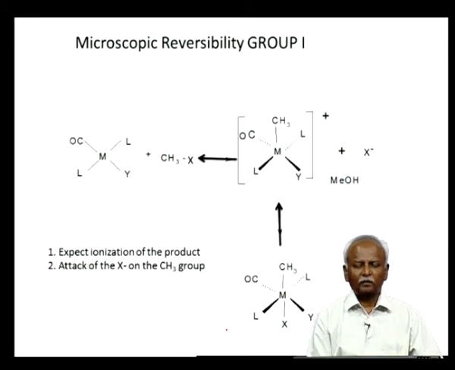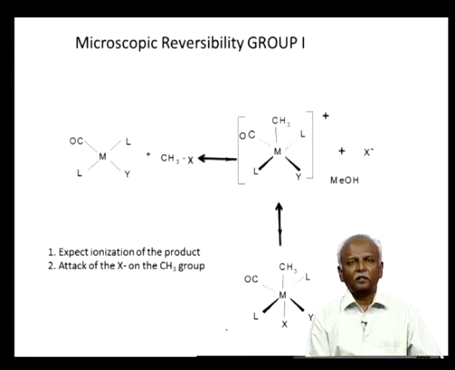Let us now take the group 1 addenda and try to explain how a reductive elimination might take place. The principle of microscopic reversibility suggests that if a reaction proceeds in a particular path, then the reverse reaction, in this case the reductive elimination path, should retrace the steps which it took when it formed the oxidized product.